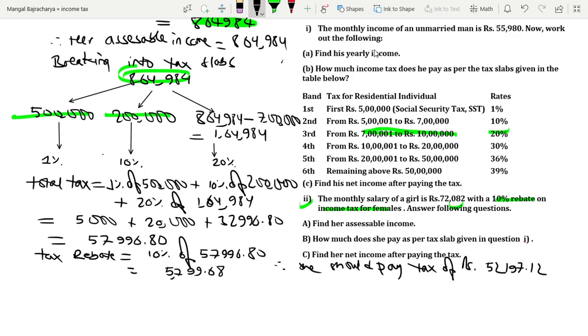So that is number B, is it? Answer B is found. Now in number C, find her net income after paying the tax. So from her total income, after paying tax of this much amount, how much income she will get, that is her net income after tax. So for the last one, her net income after tax.